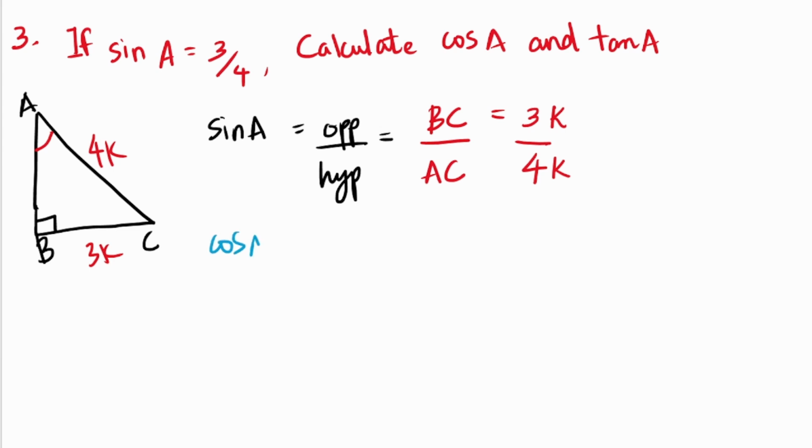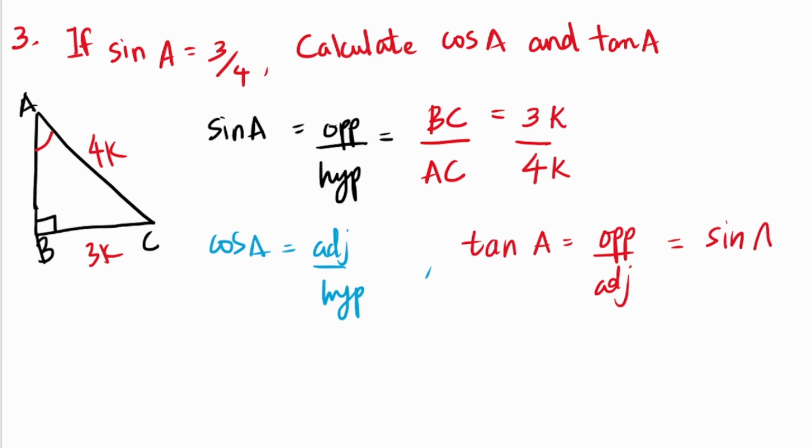You know the formula of cos A is adjacent side by hypotenuse, and for tan A, either you can find tan A by opposite by adjacent, or since you're going to find cos A first, you can also do sin A by cos A. This also you can do. So for that you need to find what is AB.